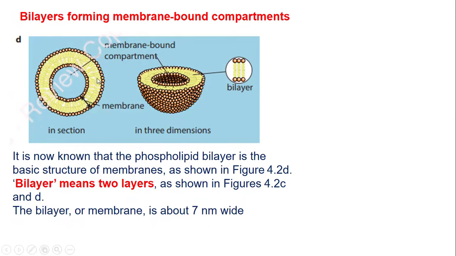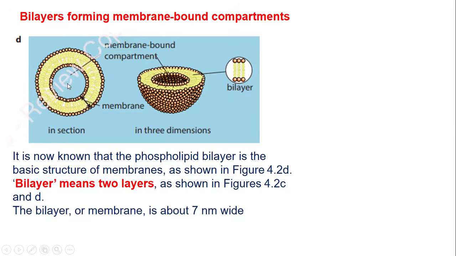Like in this case, they're showing you an organelle within a cell and the membrane surrounding it. So this is the phospholipid bilayer because we have this outer layer here and this other layer. But you can see that the bilayer is arranged in a way that the phosphate heads are facing the watery environment outside, and the tails are facing away from that watery environment.